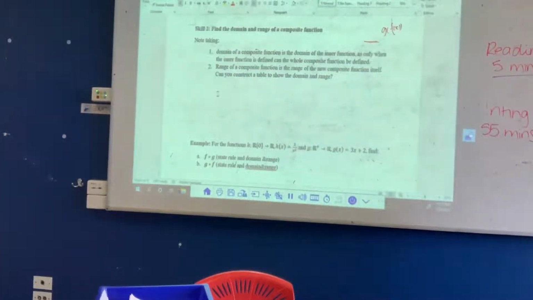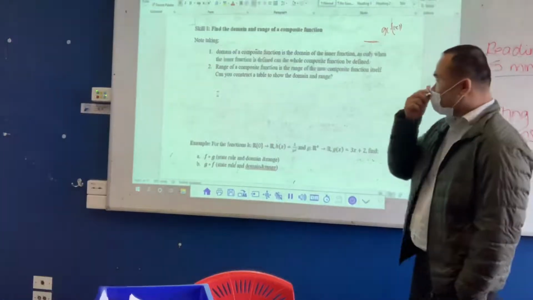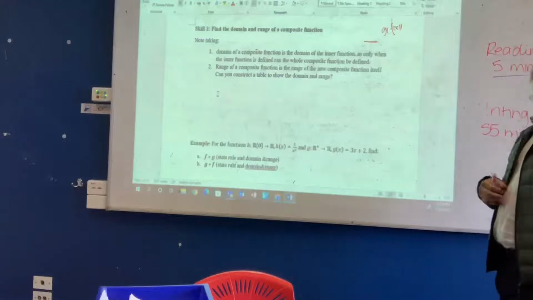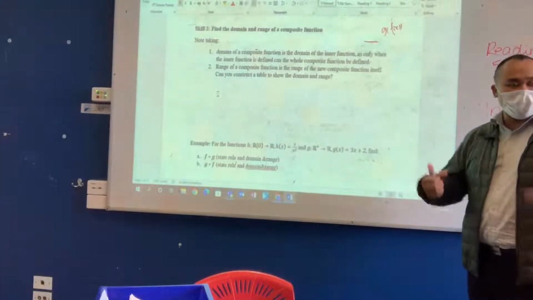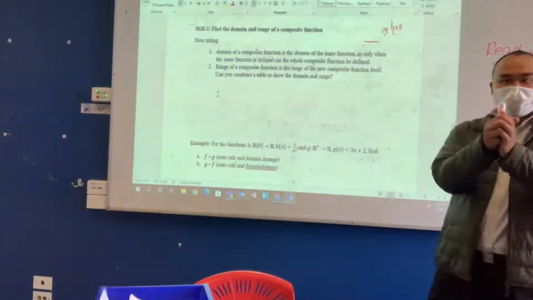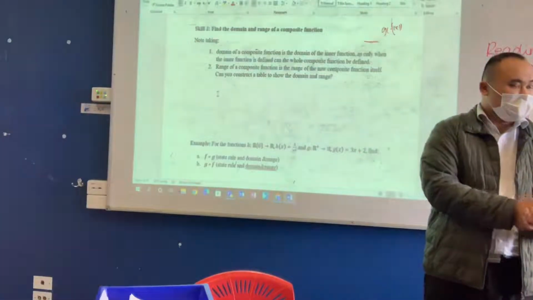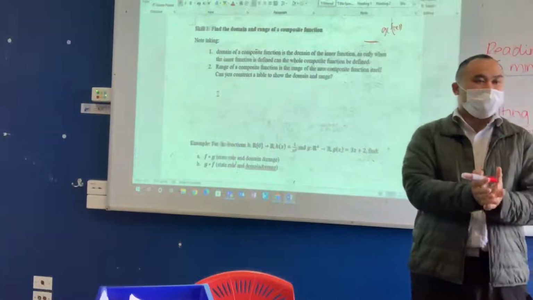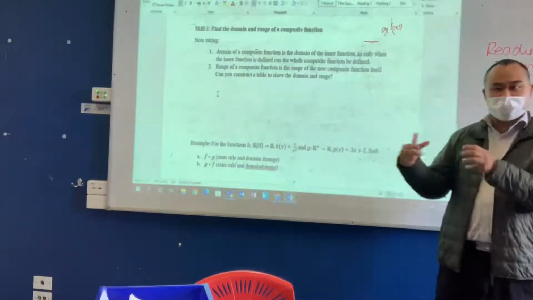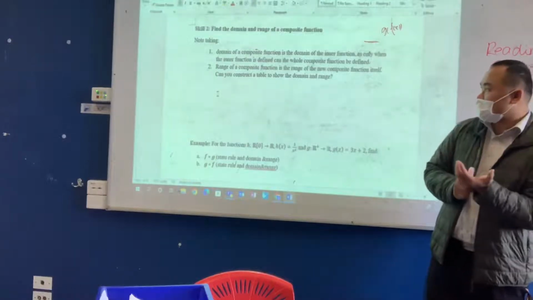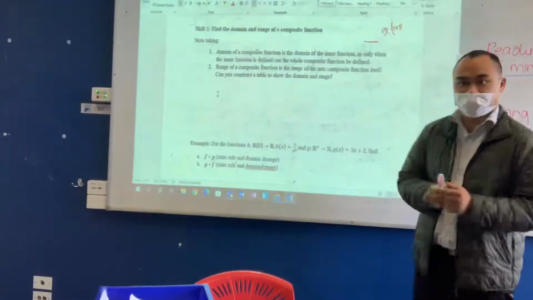Basically, the domain of a composite function is equal to the domain of the inner function. Why is that? Because if the inner function is not defined, then the whole function will not be defined. Therefore, in order for the whole composite function to be defined, you need to make sure the inner function is defined. So the domain of the composite function is the domain of the inner function.